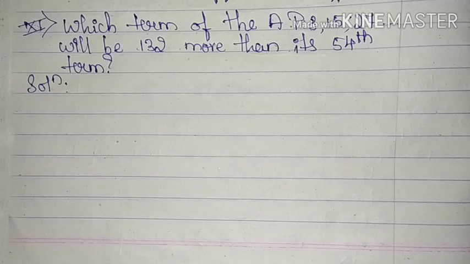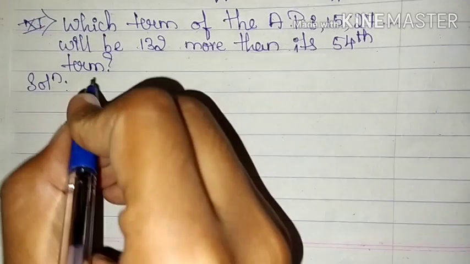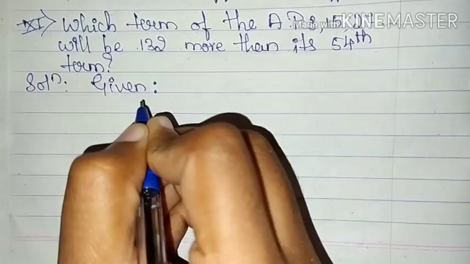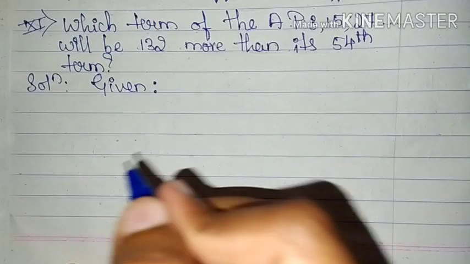That is, which AN will be equal to A54 plus 132. So first let's write down given. We have to find N here, not just AN.